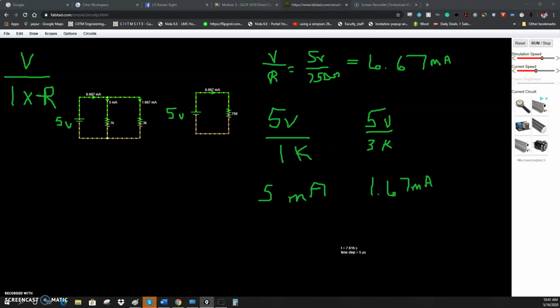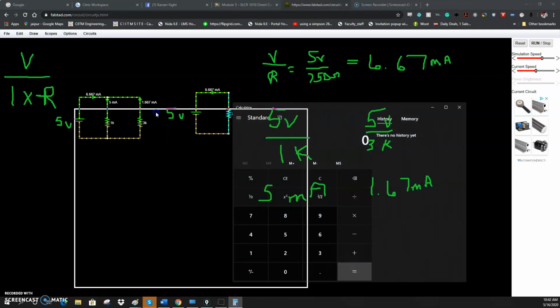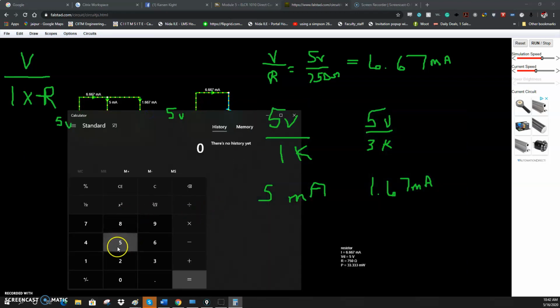So let's look at these on the calculator so you can see what I'm talking about. So we'll say 5 divided by 1,000. And this is why we use these units, because I would have to write 0.005, or I can move that decimal place over 1, 2, 3, and we would have the 5 milliamps that we've got here.